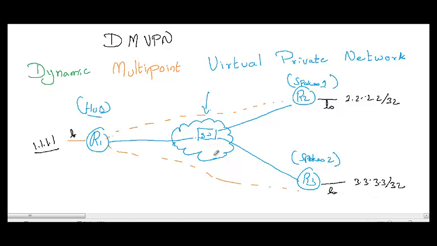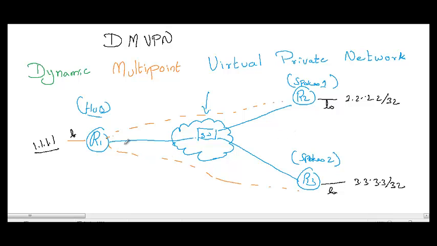Now, what's the idea behind this DMVPN? R1 and R2, R1 and R3 will form a kind of static tunnel, that is, not a dynamic tunnel. R1 and R2 can reach each other.